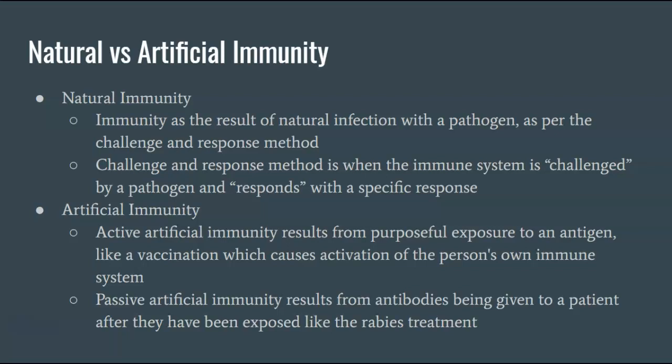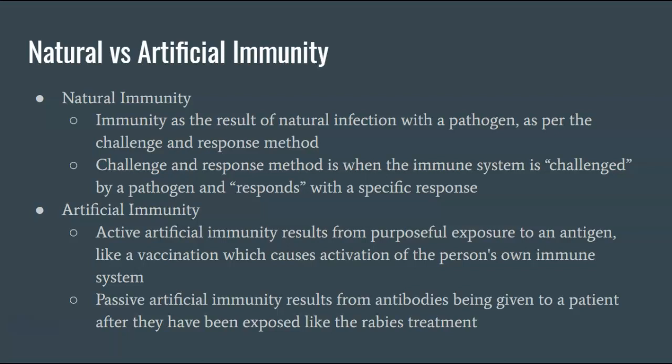Artificial immunity is broken down into two different things. There's active artificial immunity, which is a purposeful exposure to an antigen, like you get a vaccine. So you're purposely activating your own immune system. Whereas natural would be like if I was just out and about and I breathed something in unknowingly and got the flu, right?